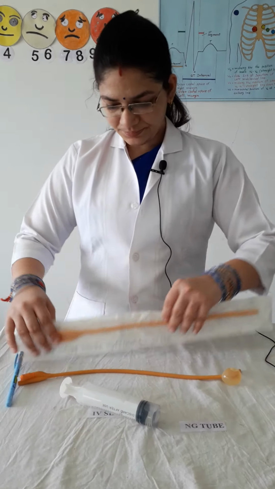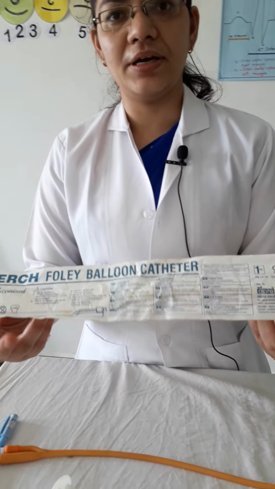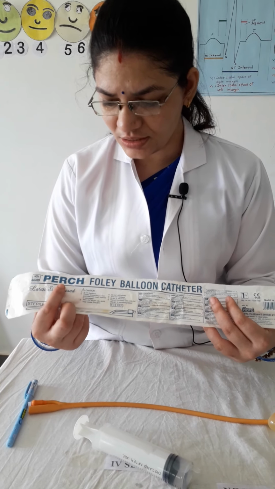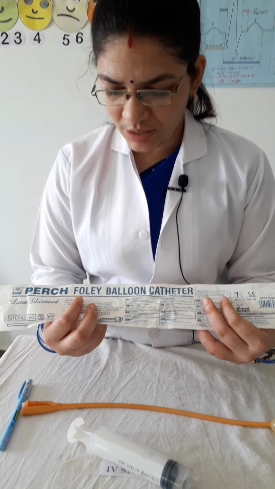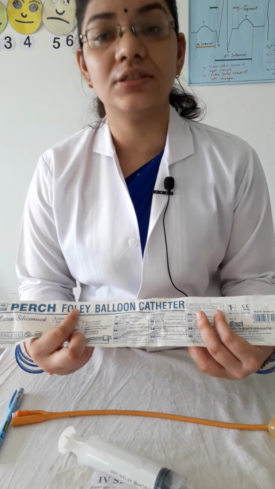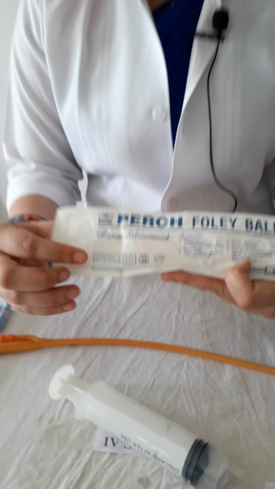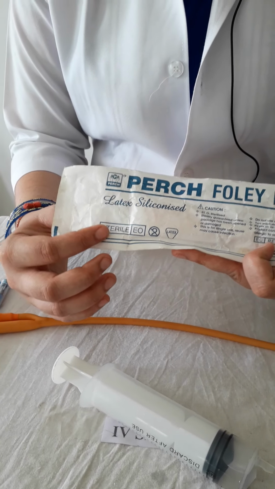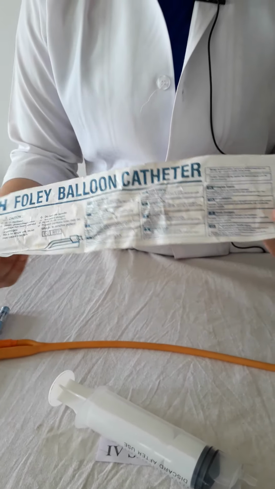Now you must see this packet also. Here you can see the company name, Perch, and the full name, Foley's balloon catheter. It is written sterile EO, which means it is a sterile tube sterilized by ethylene oxide.